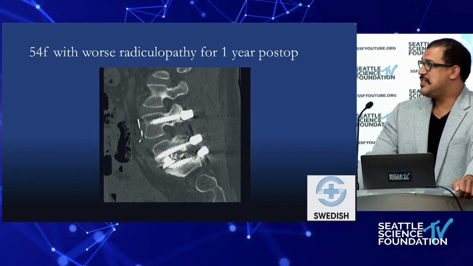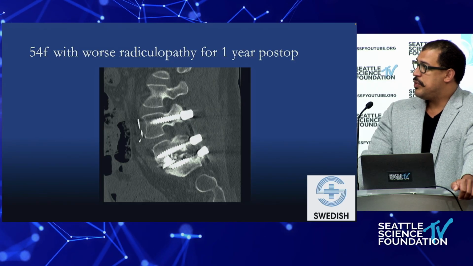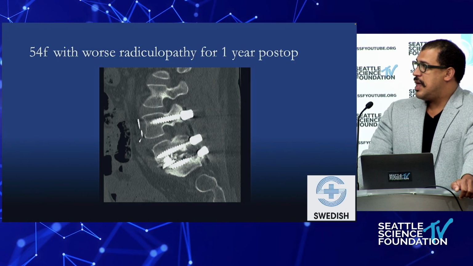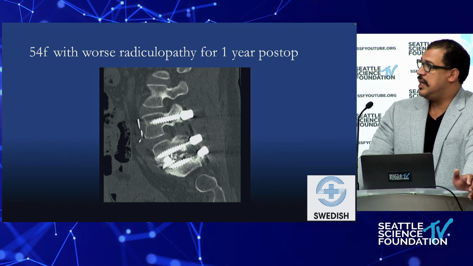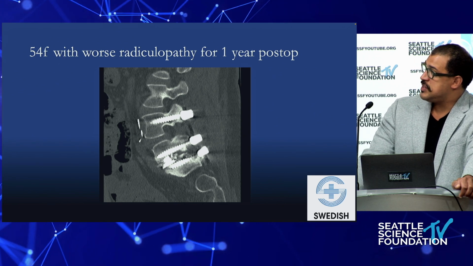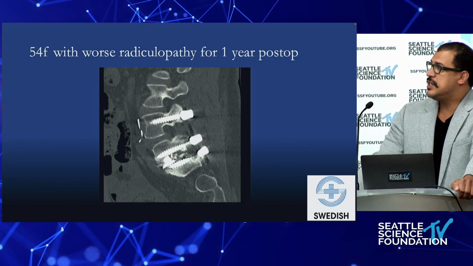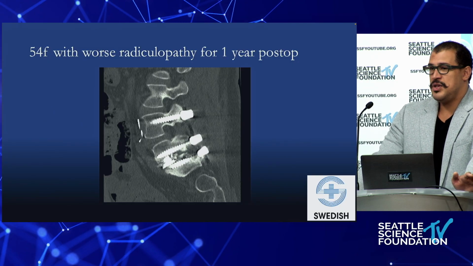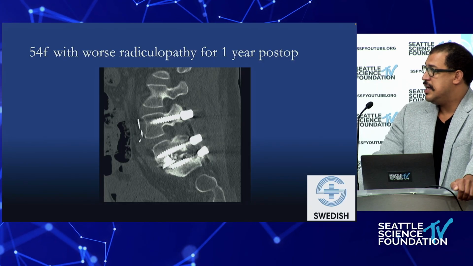Another case that I saw come in, MIS procedure at both levels. There was a post-op radiculitis. Was this because of BMP? I thought that possibly this screw here was in the foramen. The surgeon kind of told this lady that everything looks great, you're just going to have to live with it.